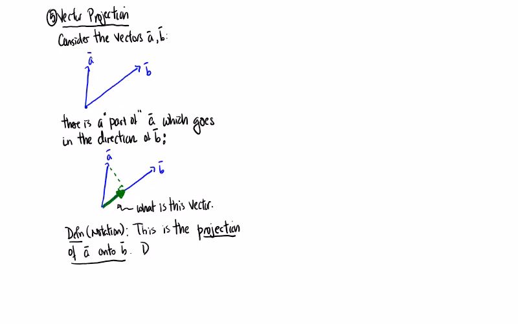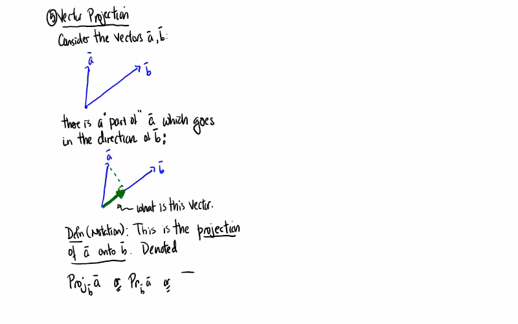There are a few ways you can write this. The book writes this out longhand like this. Notice the B is a subscript. It's lower down, and this is a useful way to remember it because A is above it, on top of it, so A is getting projected onto B. Or if you want to be a bit lazy, you could just write PR.